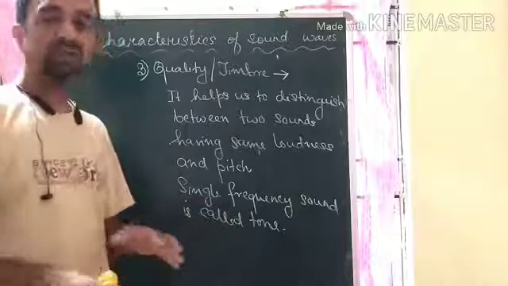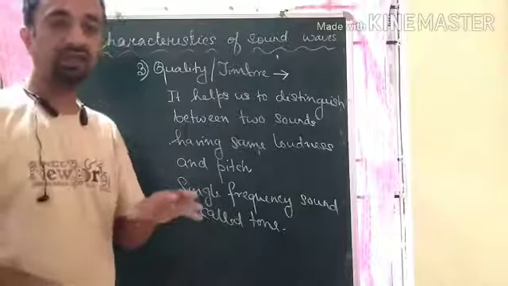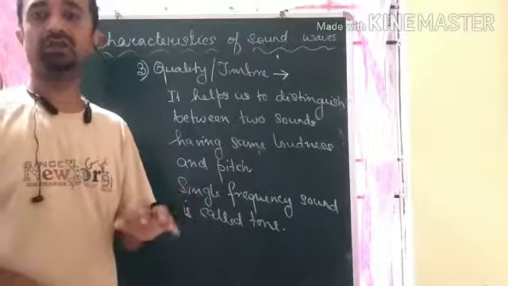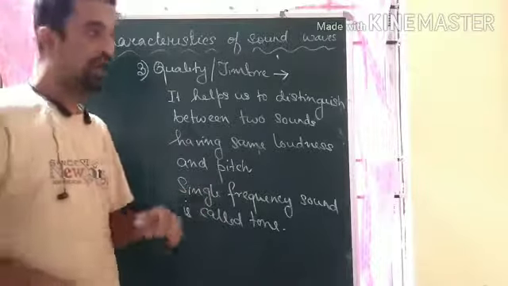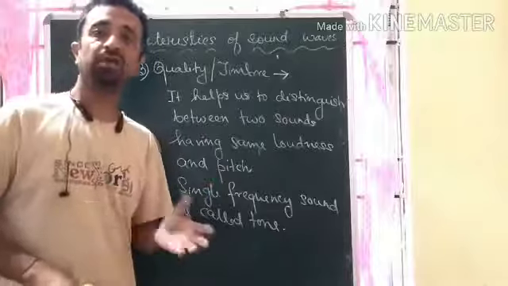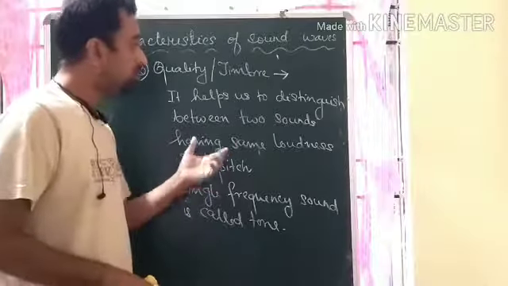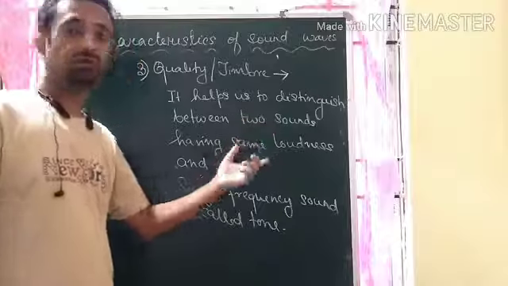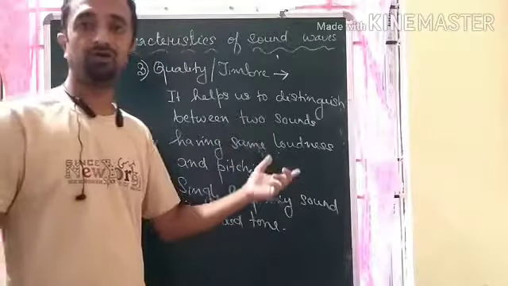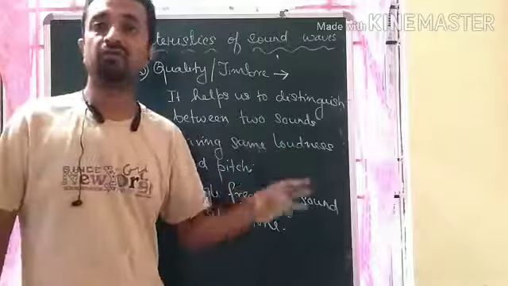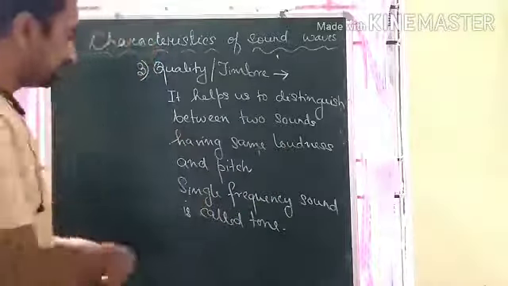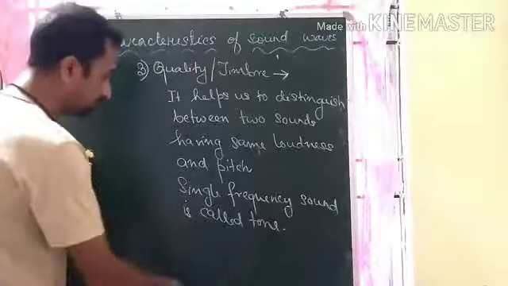Then there is a relative change in their loudness or intensities, and with that we can distinguish between two sounds emitted from two different musical instruments. A single frequency sound is called a tone.